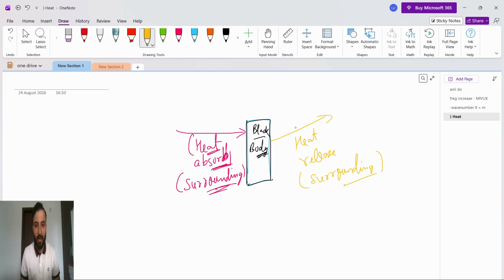So the ideal black body, how much heat it absorbs from the surrounding, that much heat it releases to the surrounding. So what is happening guys, we are talking about heat.